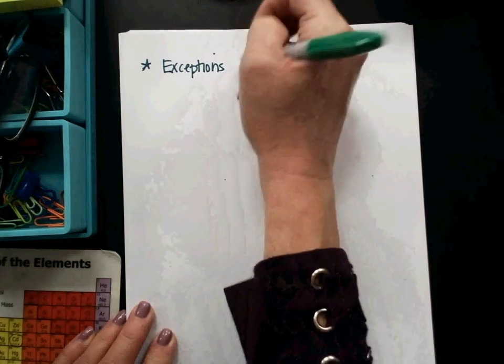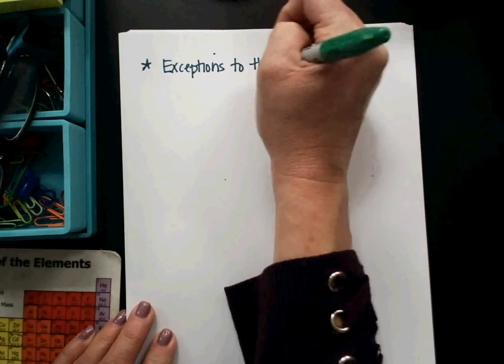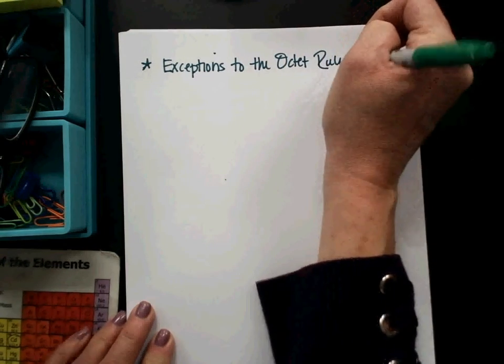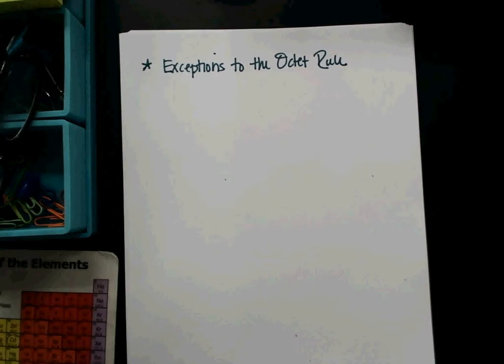Really want you to think about this. On the periodic table, there are only two elements that don't want an octet of electrons. Two elements that don't want 8 electrons in their outer shell.